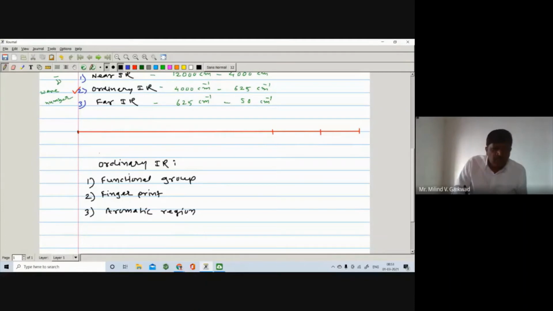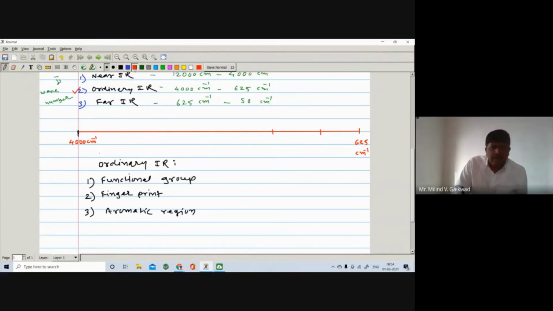This ordinary IR starts from 4,000 centimeter inverse to 625 centimeter inverse, and this is the range for the IR electromagnetic radiation.